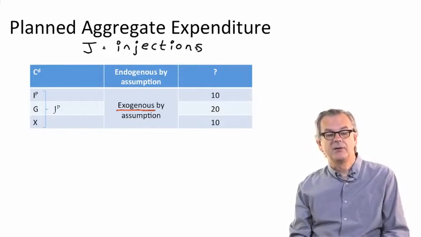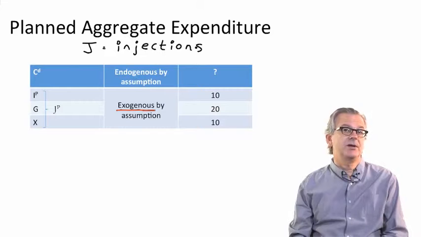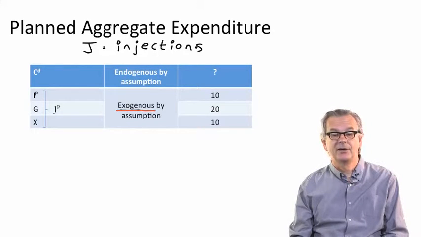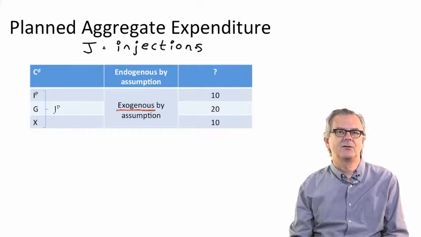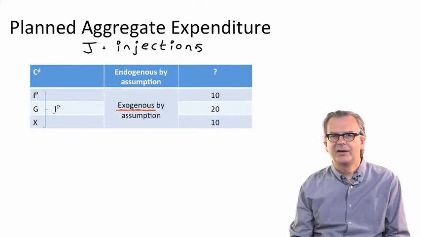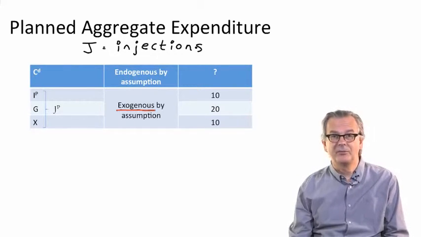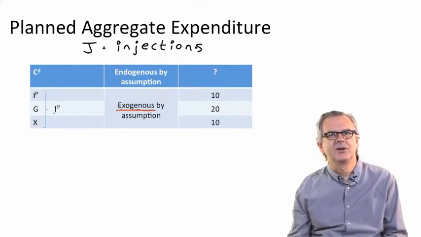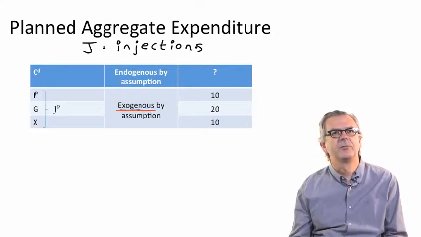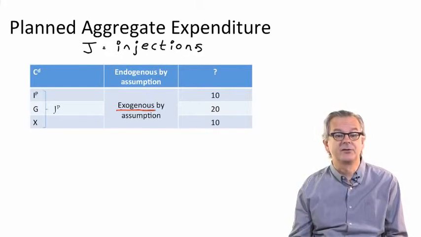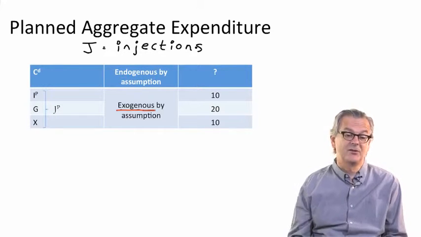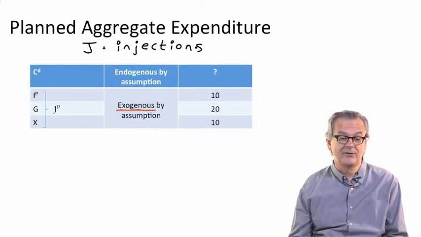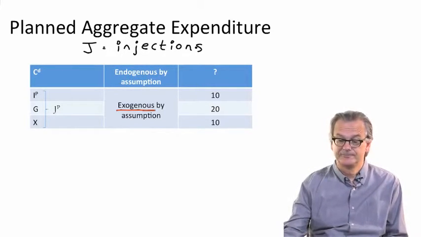And when you see me write J with a superscript P, I'm talking about the economy's planned injections. Injections is actually not a bad term for these three components of expenditure. They're exogenous. It's like injecting expenditure into the economy from external or because of external reasons. So injections gets across the concept that these are indeed exogenous.